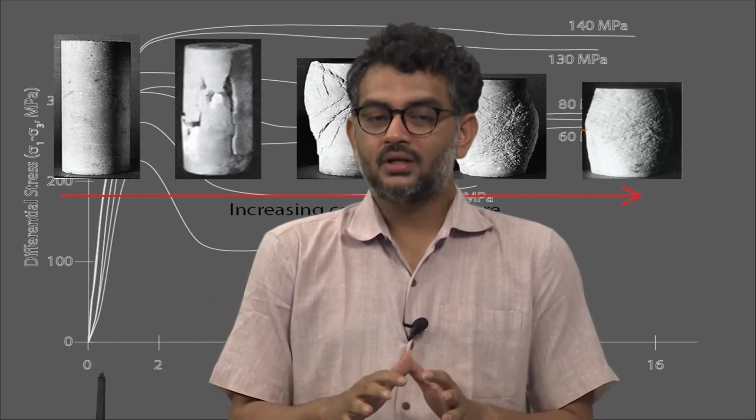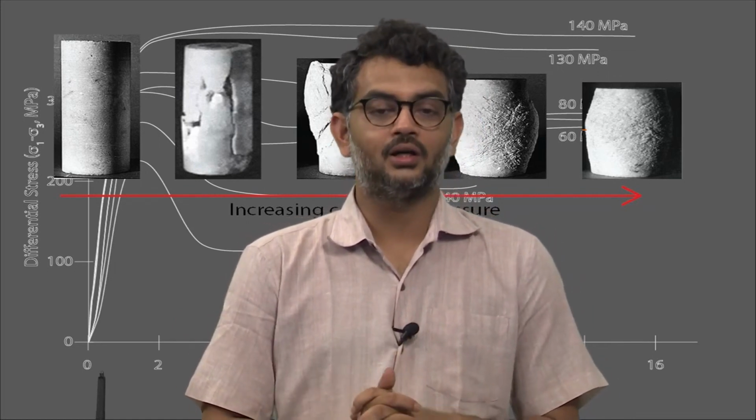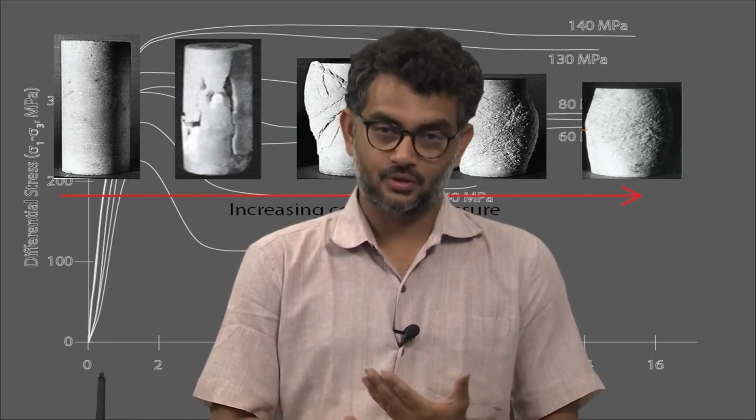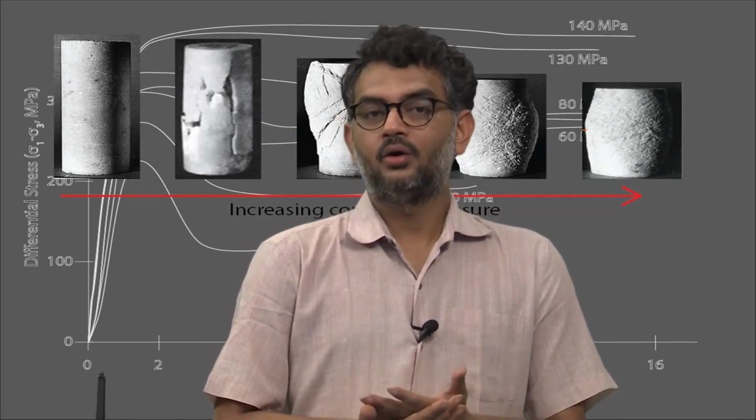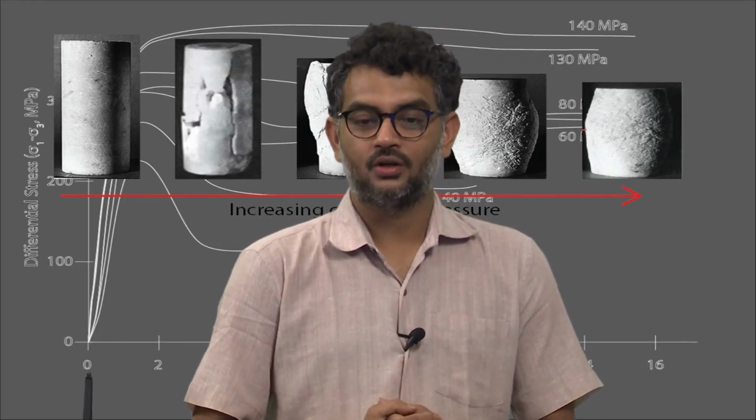So how does it happen, what are the typical structures we produce under different rheological domains, how are they produced, and most importantly, once produced, do they stay as they are or do they change with time? We will answer all these questions in the next lecture on the deformation mechanisms of rocks.